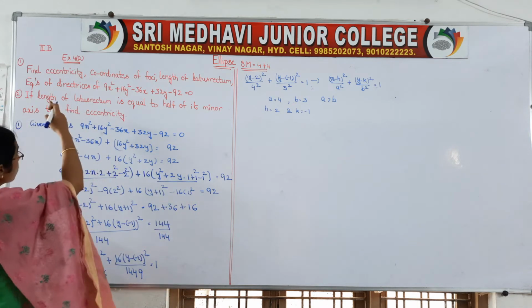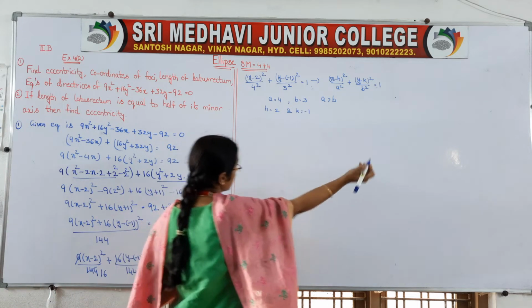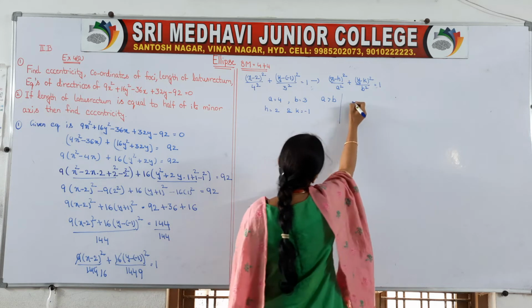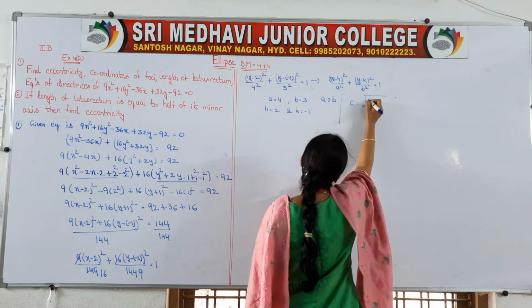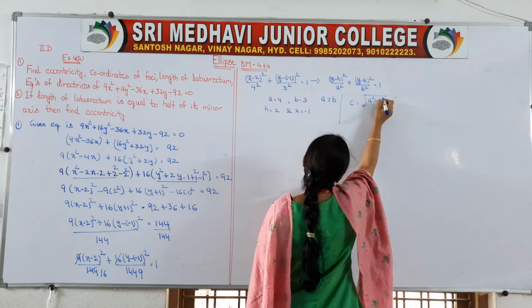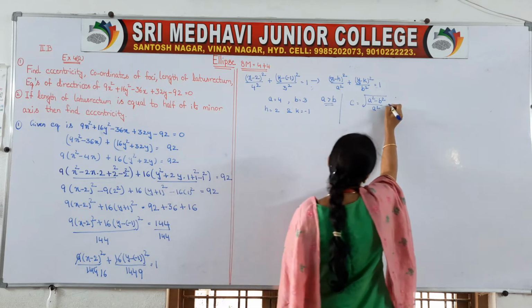First we have to find the eccentricity. What is our eccentricity? We can find eccentricity e is equal to root of (a square minus b square) by a square when a is greater than b.